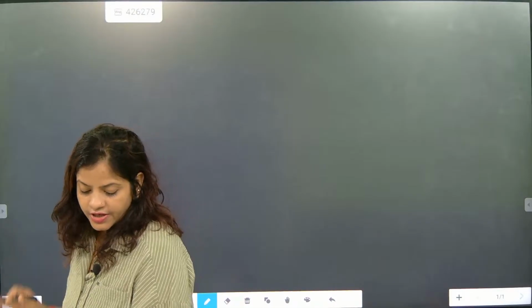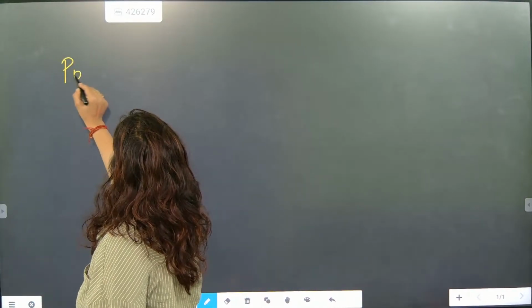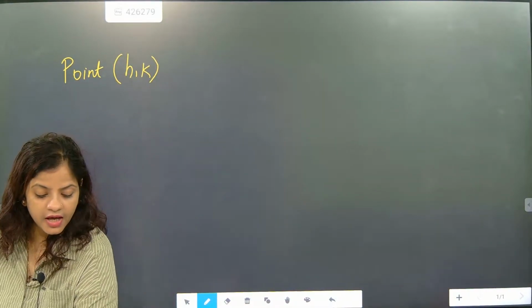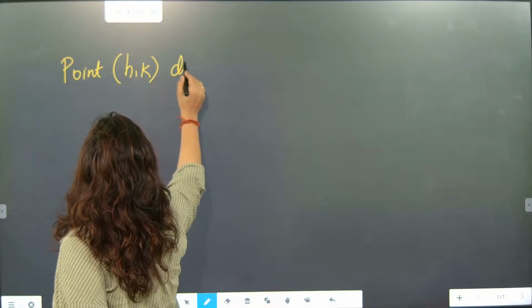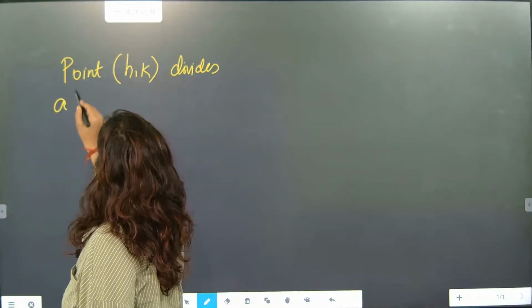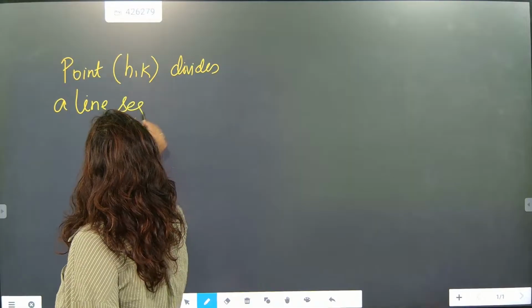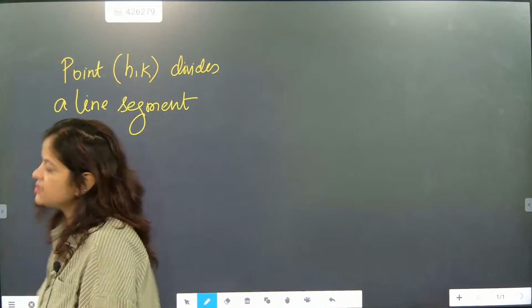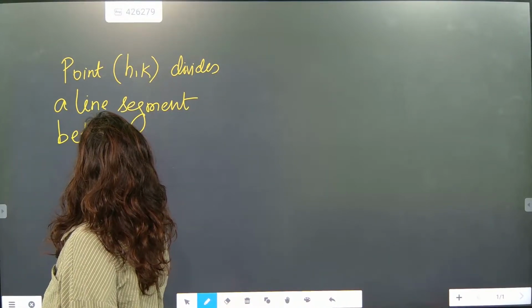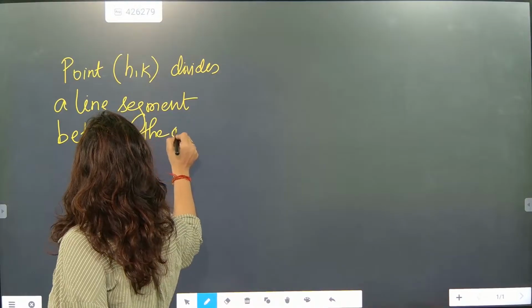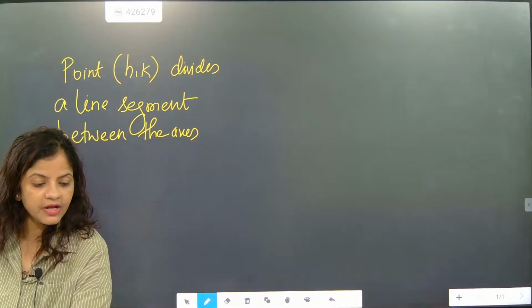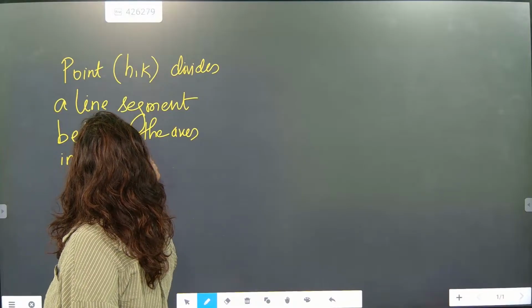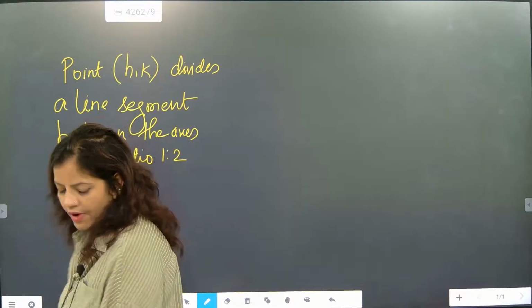The second question is: point h comma k divides a line segment between the axes in the ratio 1:2.